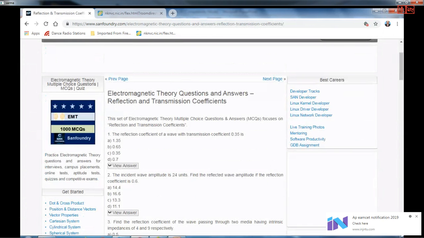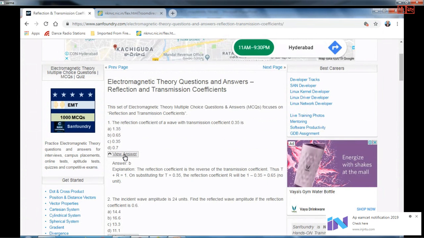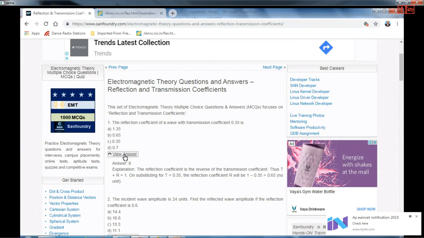Transmission coefficient means the transmitted voltage by the incident voltage, whereas reflection coefficient means the reflected voltage by the incident voltage.